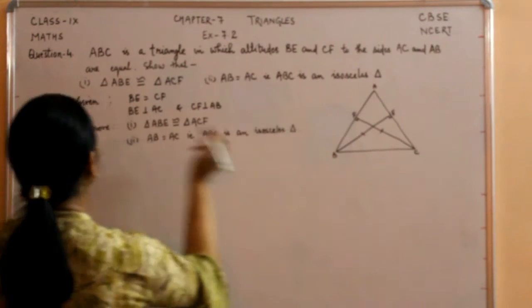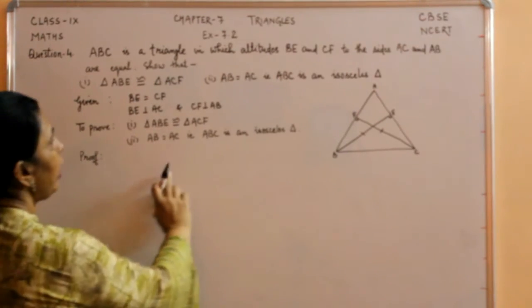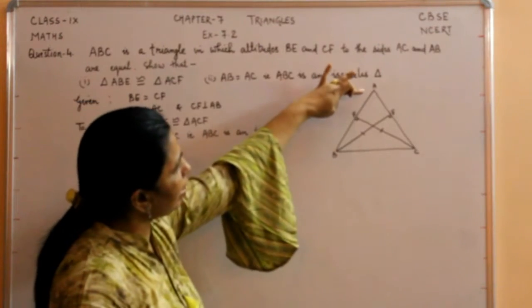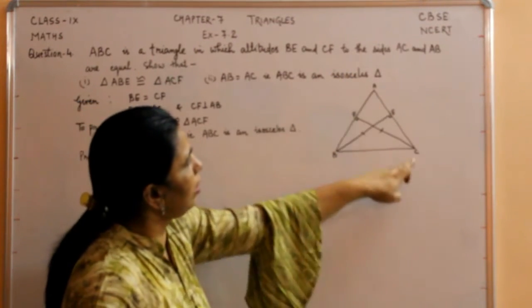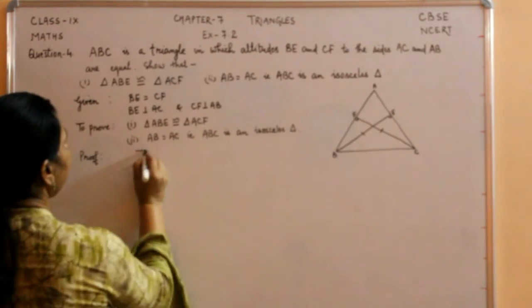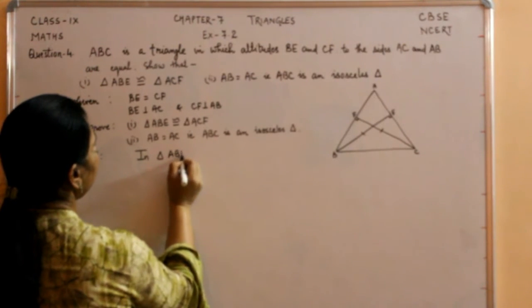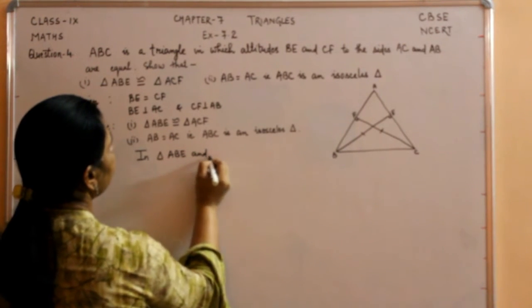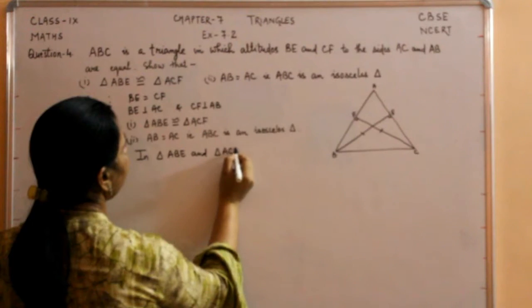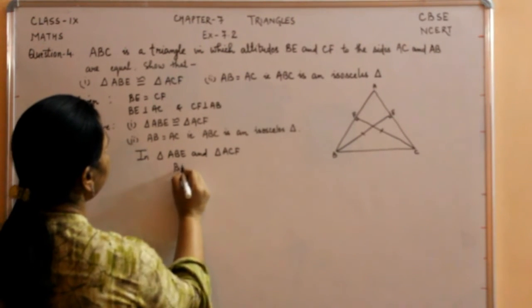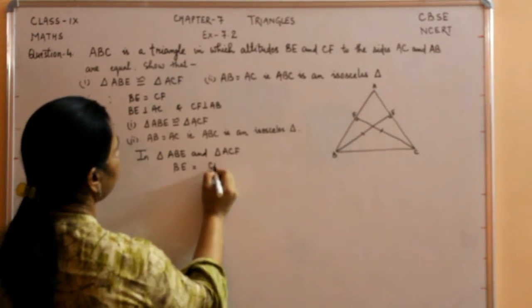Now prove. First of all, as we have to prove these two triangles congruent, we will consider these two triangles ABE and ACF. In triangle ABE and triangle ACF, BE is equal to CF, it is given.